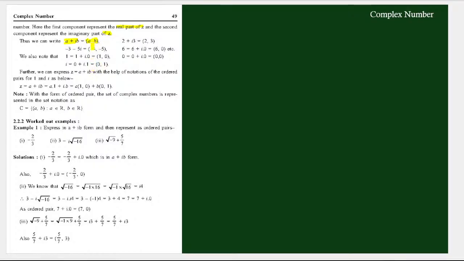Domain, b is your range. So domain is the real one and range is your imaginary, like this. a belongs to the real, b belongs to imaginary.